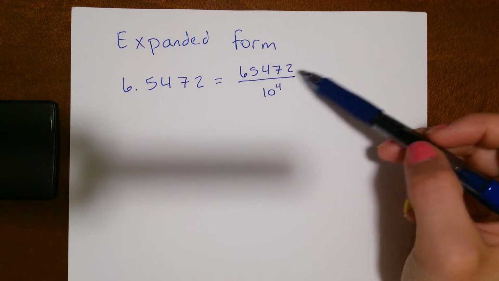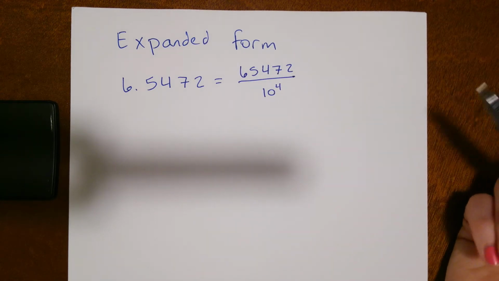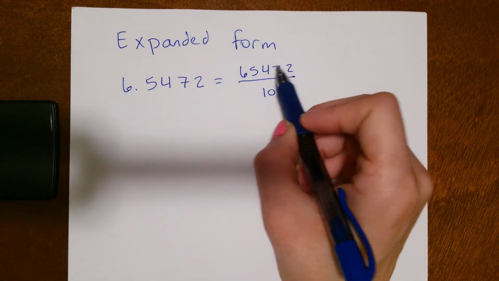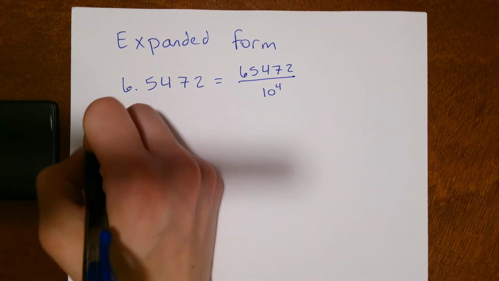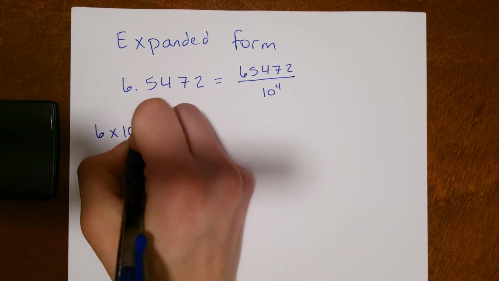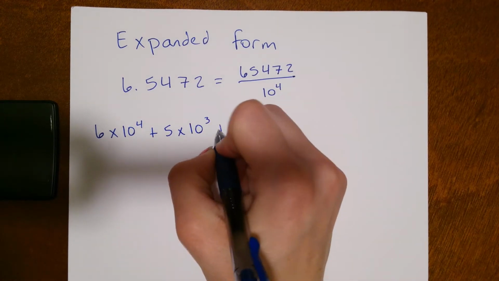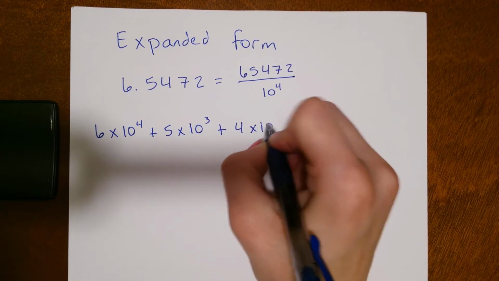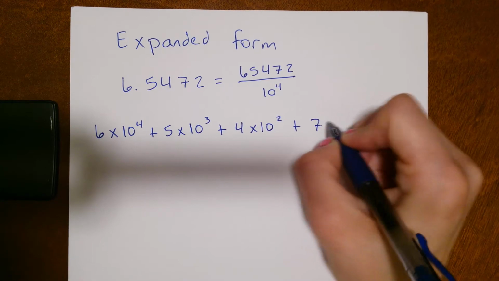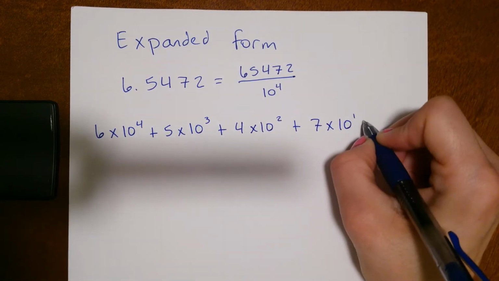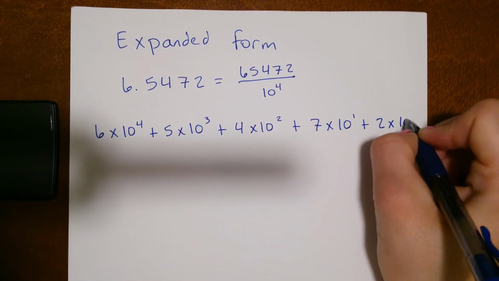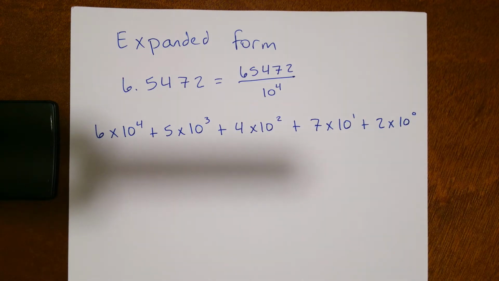So now I have a whole number, I'm going to write it in its expanded form. This is 0, 1, 2, 3, 4, so I get 6 times 10 to the 4th plus 5 times 10 to the 3rd plus 4 times 10 squared plus 7 times 10 to the 1st plus 2 times 10 to the 0th power.